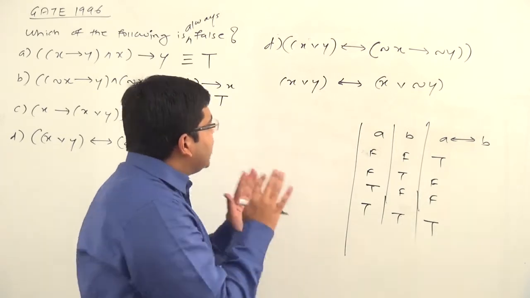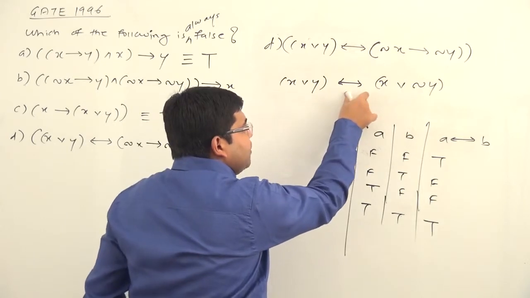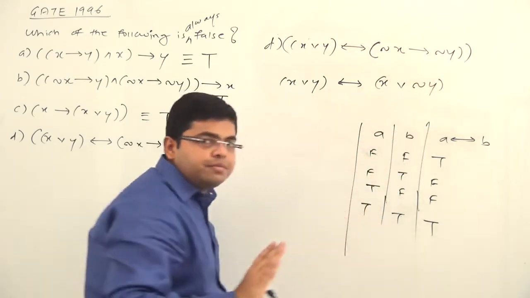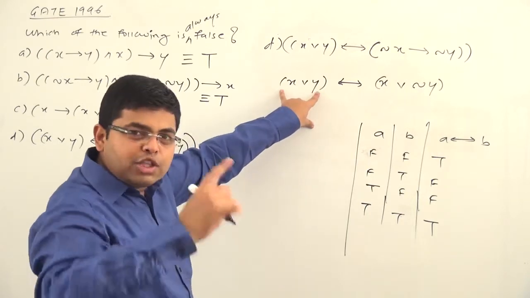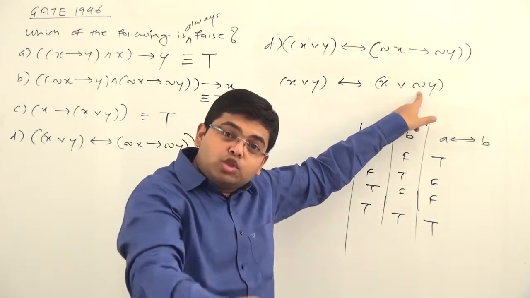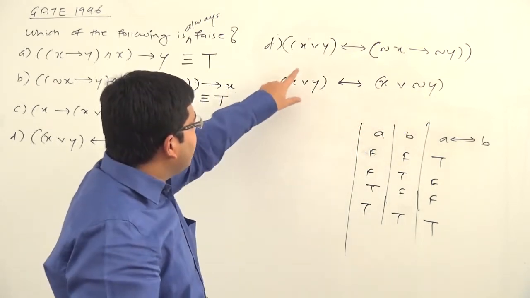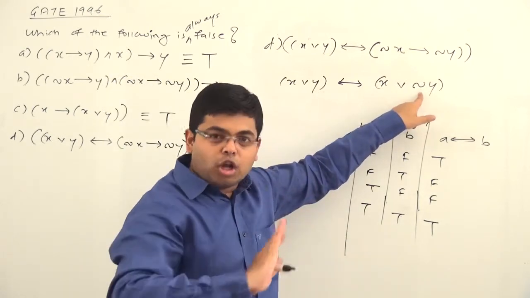And here what are we trying to say ultimately? That x or y is the same as x or negation of y. So we are trying to say whenever x or y is true, x or negation y will also be true, and whenever x or y is false, x or negation y will also become false.